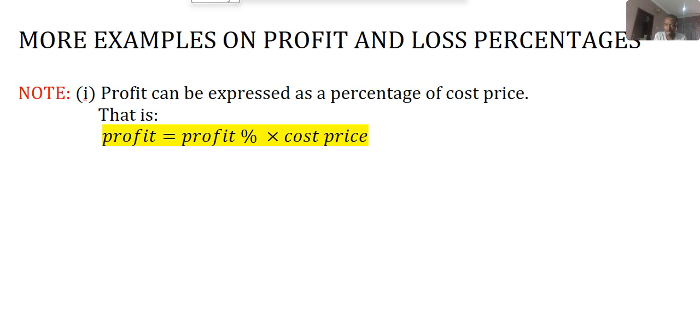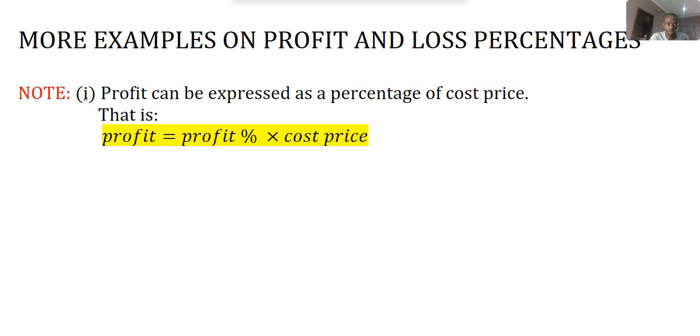We have the actual profit, which can be evaluated in naira, dollar, whatever, and we also have when a particular amount is represented as a percentage. So this time around, if we are to obtain the actual profit, having been given the profit percentage and the cost price, then this formula is applicable.